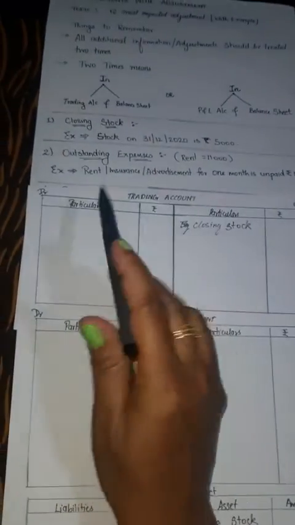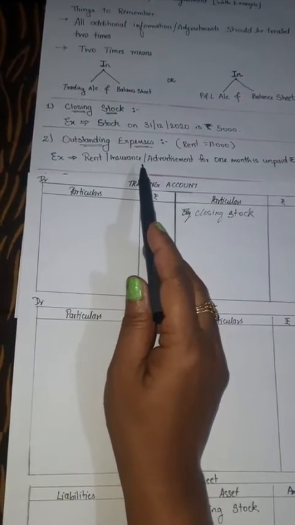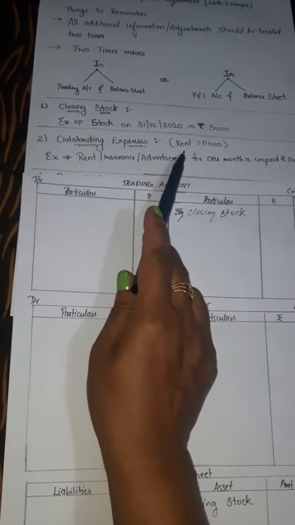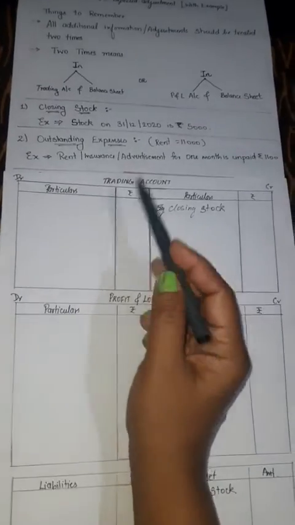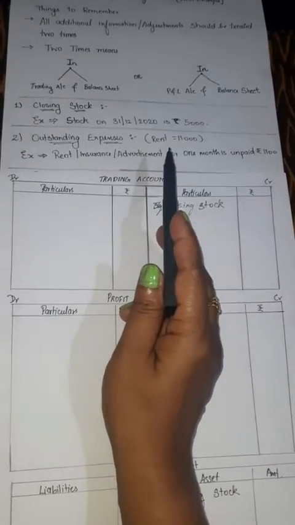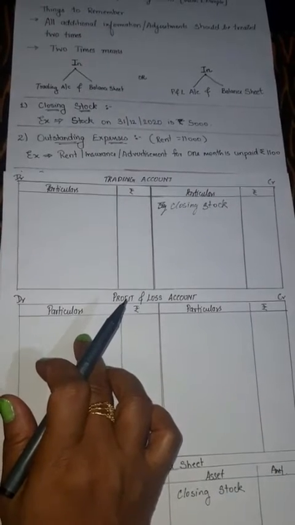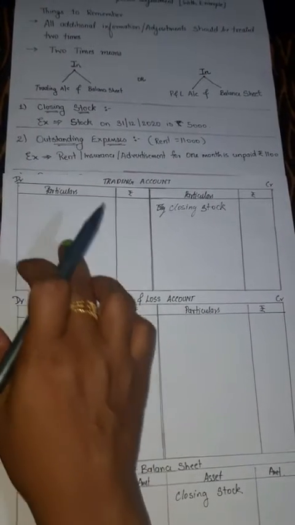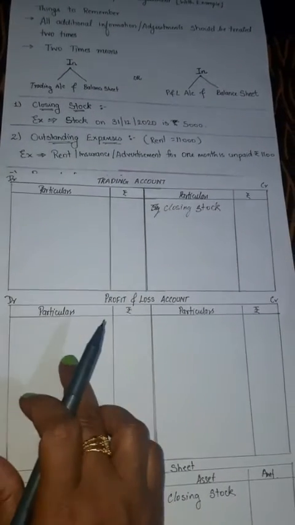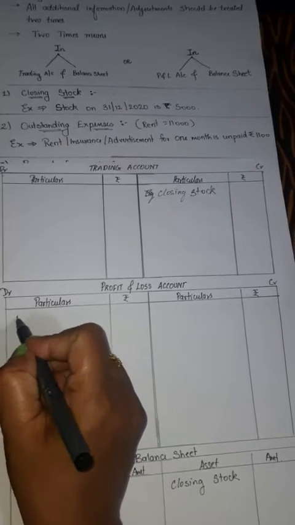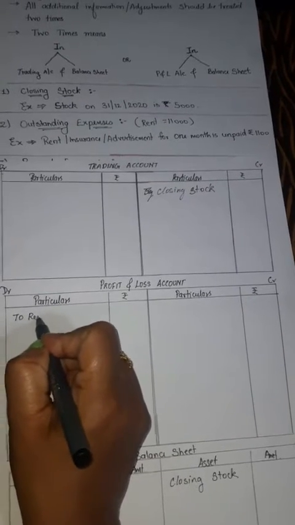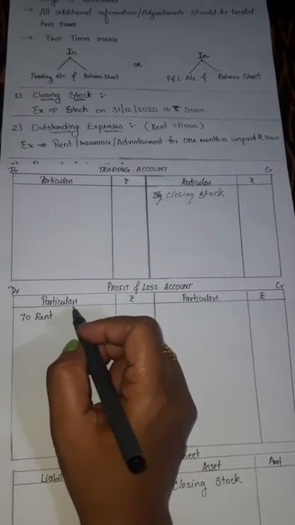This adjustment, outstanding, also has two effects. We are taking rent as one of the expenses. As you know, rent is an indirect expense. It will be shown in the profit and loss account. Direct expenses are shown in the trading account and indirect expenses are shown in the profit and loss account. So here I will write rent, because in the question rent is given as an example.